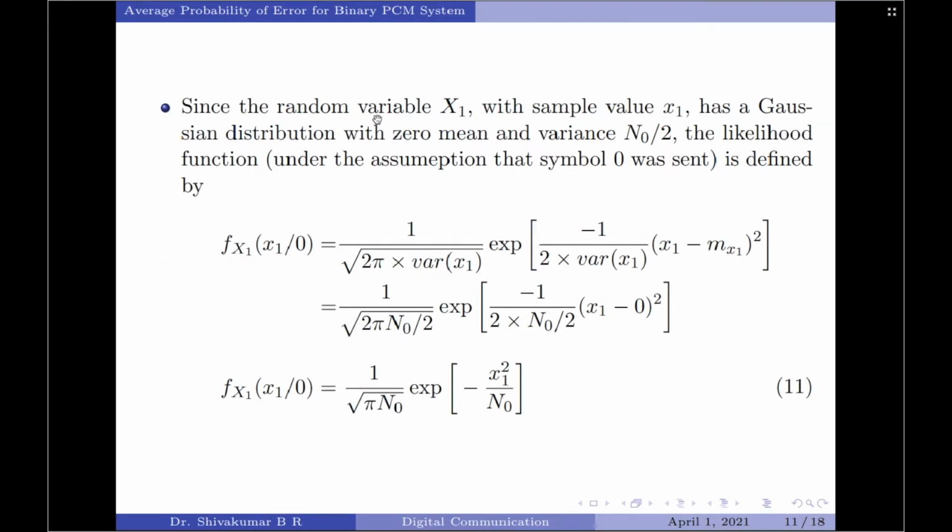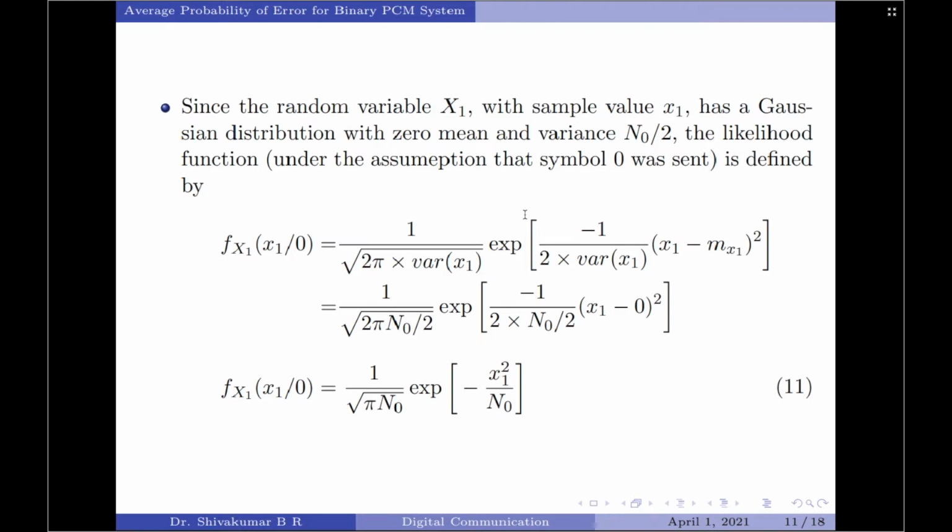Moving on, since the random variable x1 with a sample value of small x1, as defined in the previous equation, has a Gaussian distribution with zero mean and a variance of N0 by 2, the likelihood function under the assumption that symbol 0 was transmitted is given by, this is a Gaussian equation, we represent the likelihood as fx1 of x1 given 0 equals 1 divided by square root of 2 pi into variance of x1 multiplied by exponential of minus 1 divided by 2 into variance of x1 multiplied by x1 minus its mean, squared. This is the Gaussian equation.